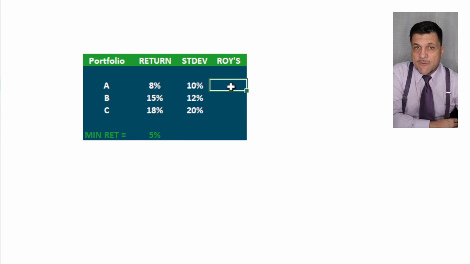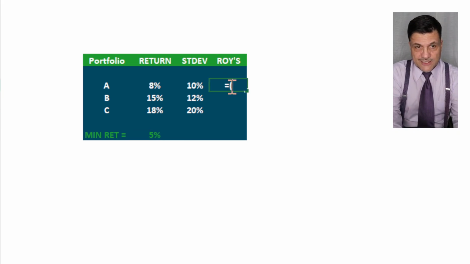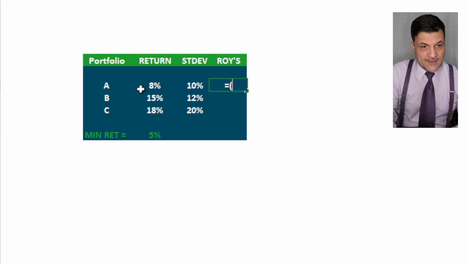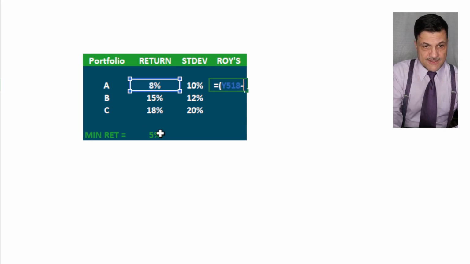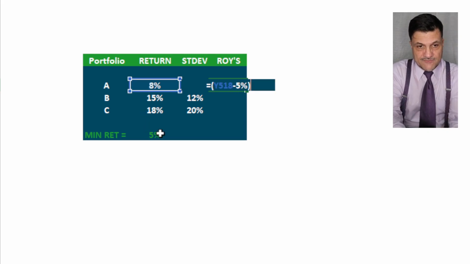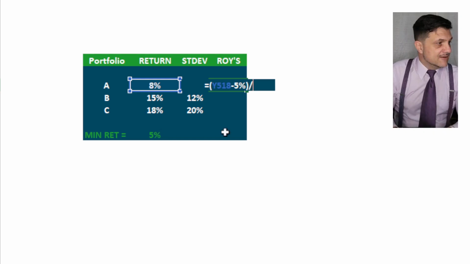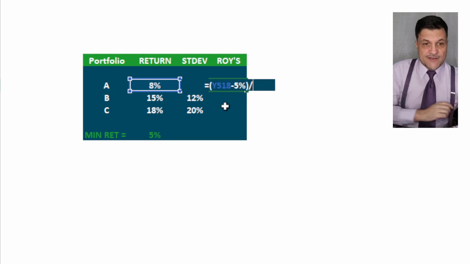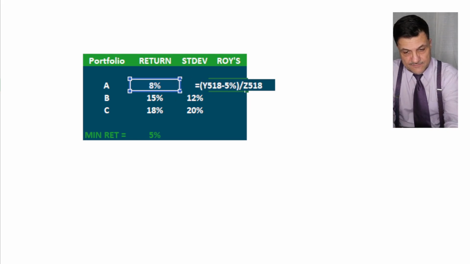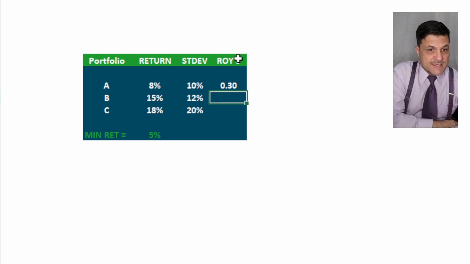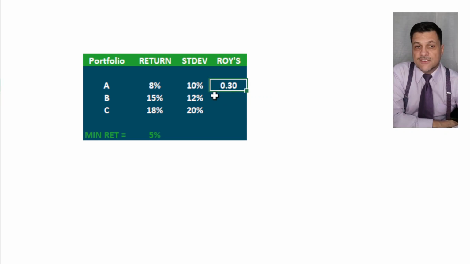Then what do I do? Very simple. I'm just going to take the difference between the return of portfolio A minus the minimum return, 5%, divided by the standard deviation of portfolio A, which is here. There we go. And I got 0.3. That's what I got, right?